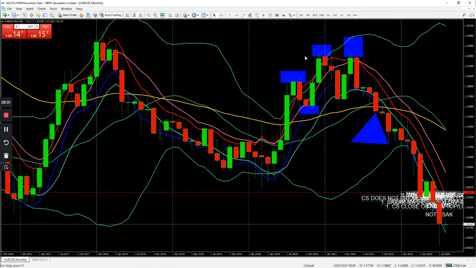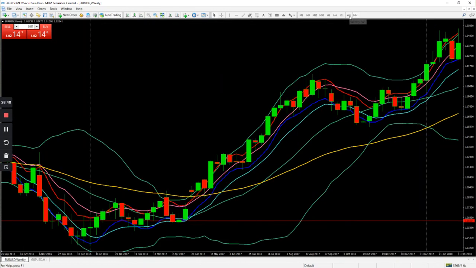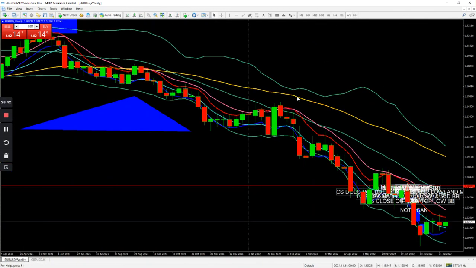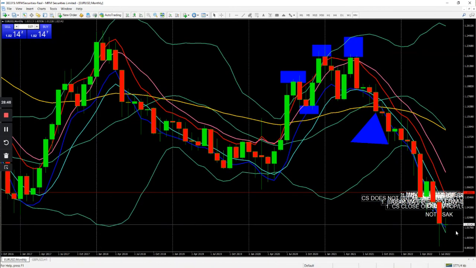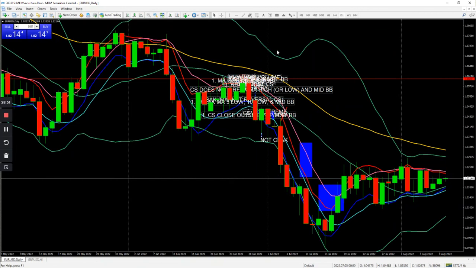Alright guys, that's basic for you. The market is on a bear market. Of course, you can see there is a momentum sell in weekly, there's a momentum sell in monthly. Now, daily has momentum and then it rejects the low BB.